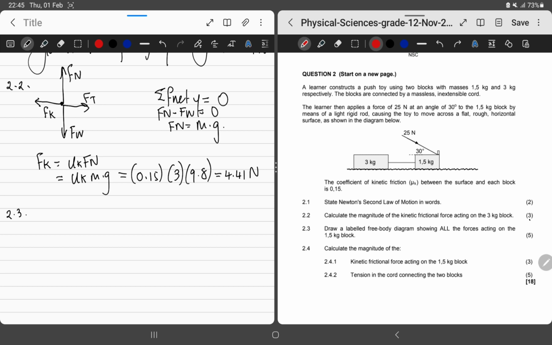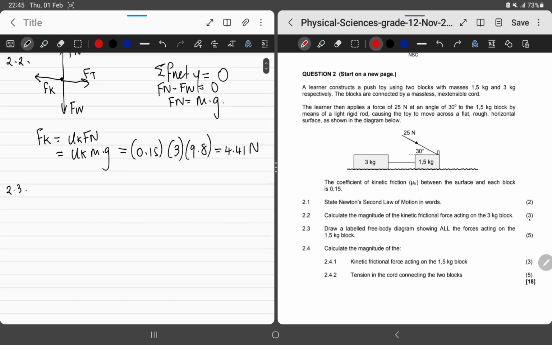2.3. Draw a labeled free body diagram showing all the forces acting on the 1.5 kilogram block. That's 5 marks, so I'm expecting to have 5 arrows.